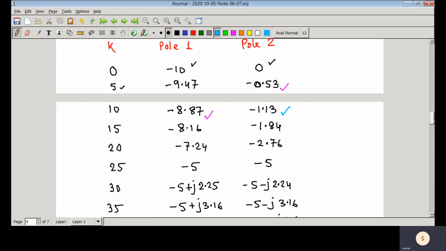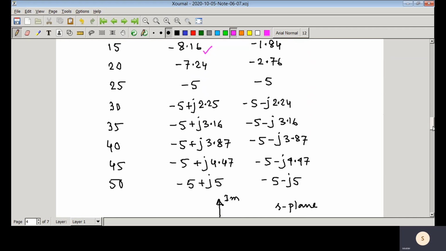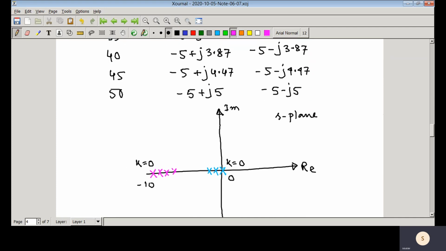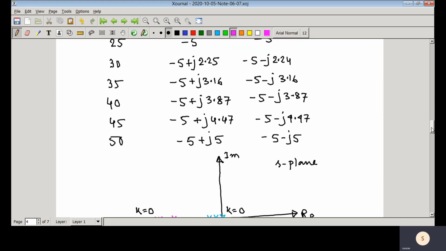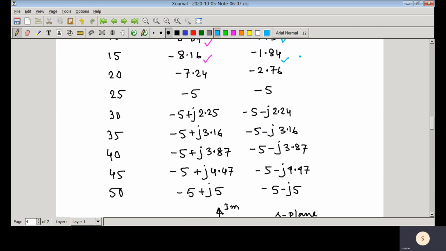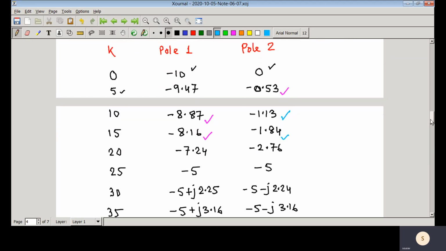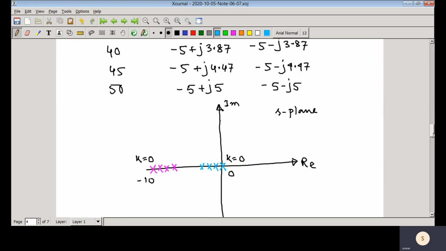Then again, if k equal to 15, we can see minus 8.16, and in the other case minus 1.84. So like that. That means in this particular case, whenever k equal to 25, both the poles are at the same location, minus 5 and minus 5.